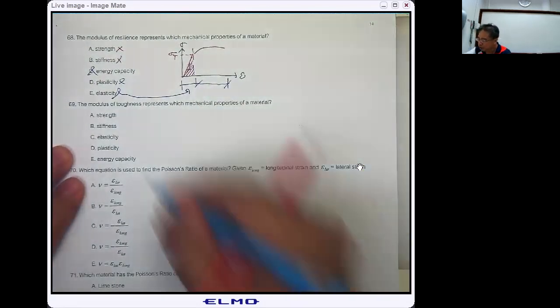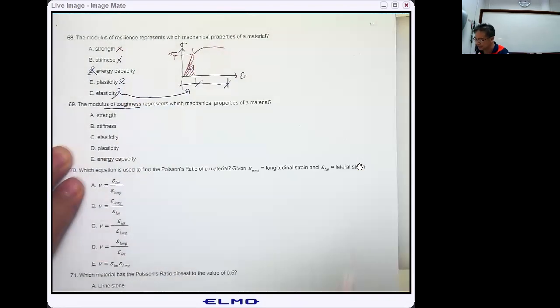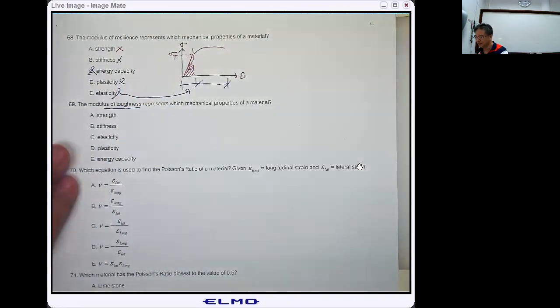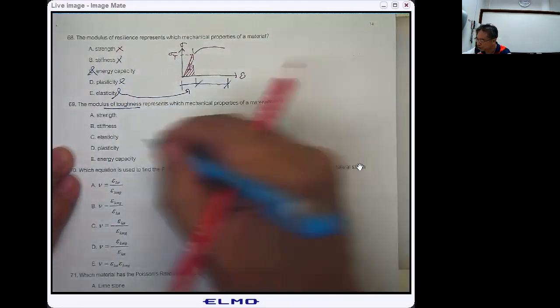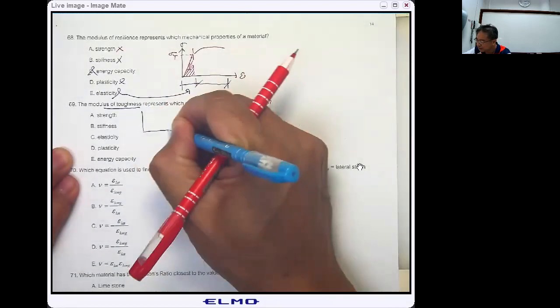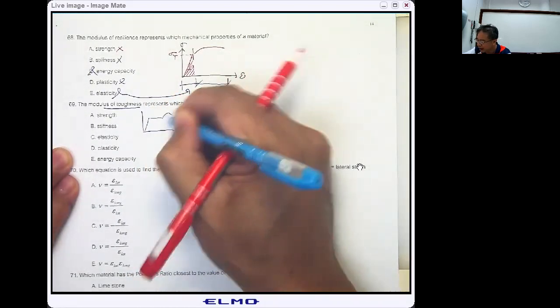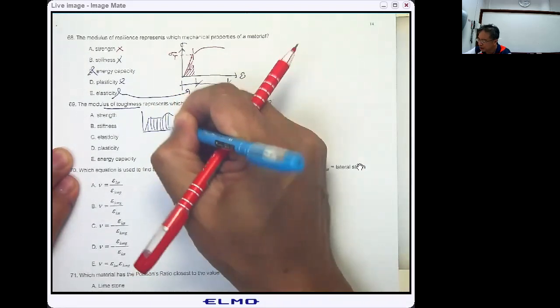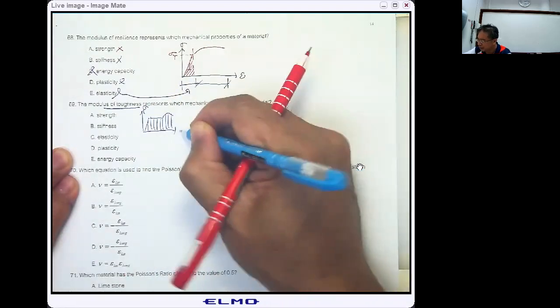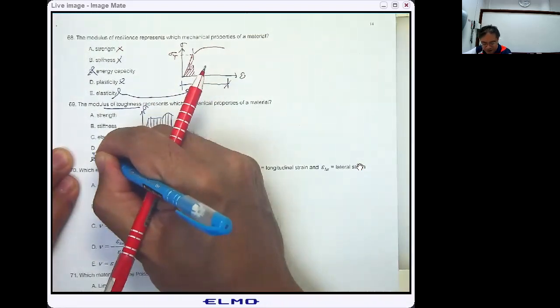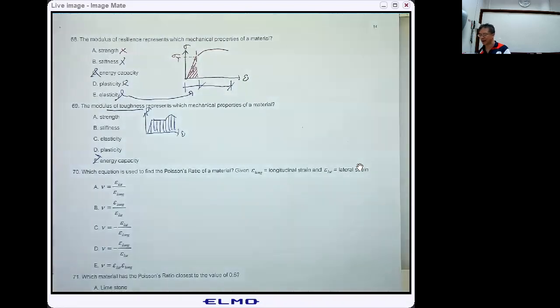And then what is the modulus of toughness? The modulus of toughness is the whole area under the stress-strain diagram. That is going to be the energy again, right? It's the energy capacity again. And then we have another thing.